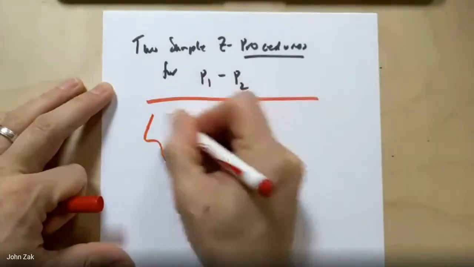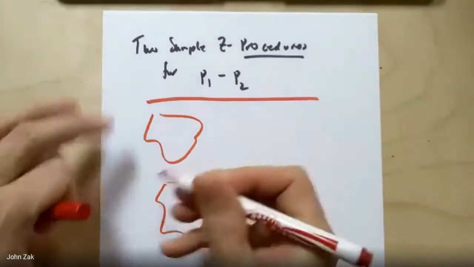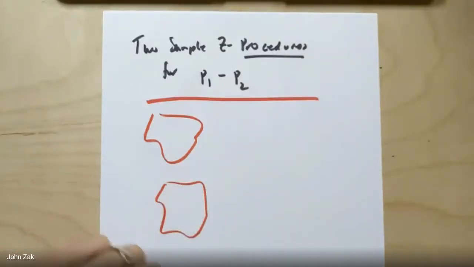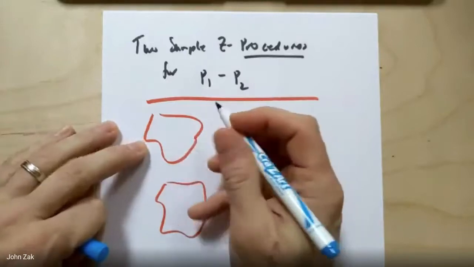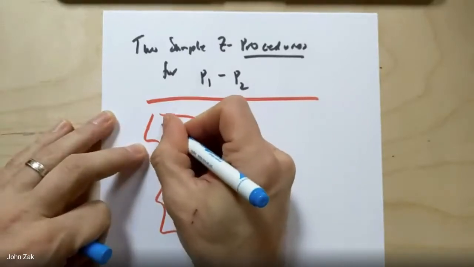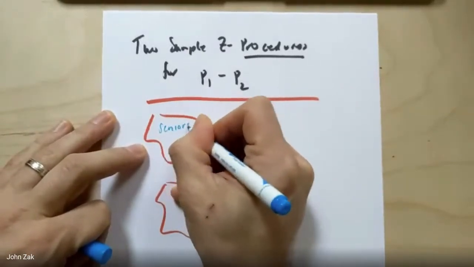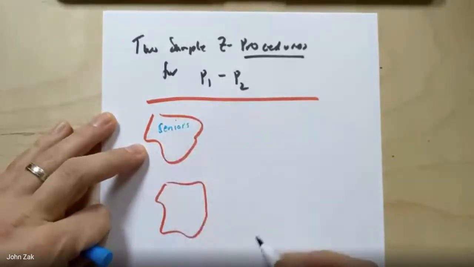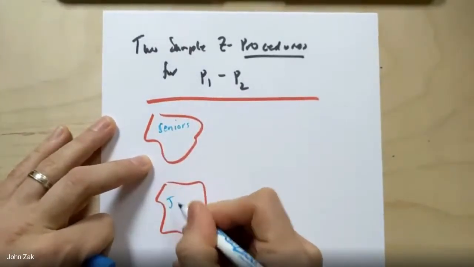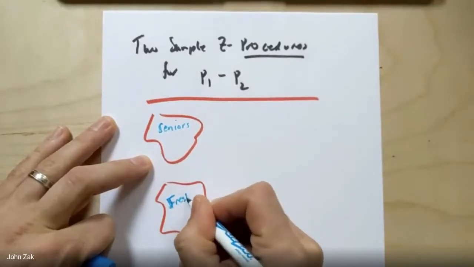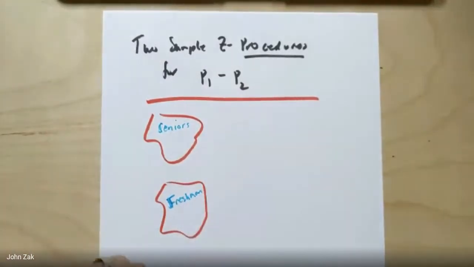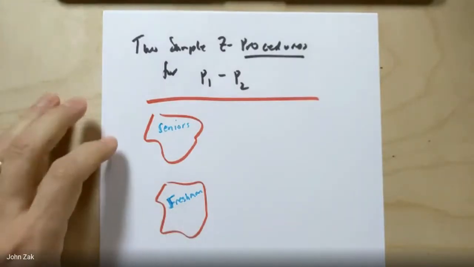Well, we've got some population here, and here we have some other population, right? Let's say this is the population of seniors, and this is the population of freshmen.